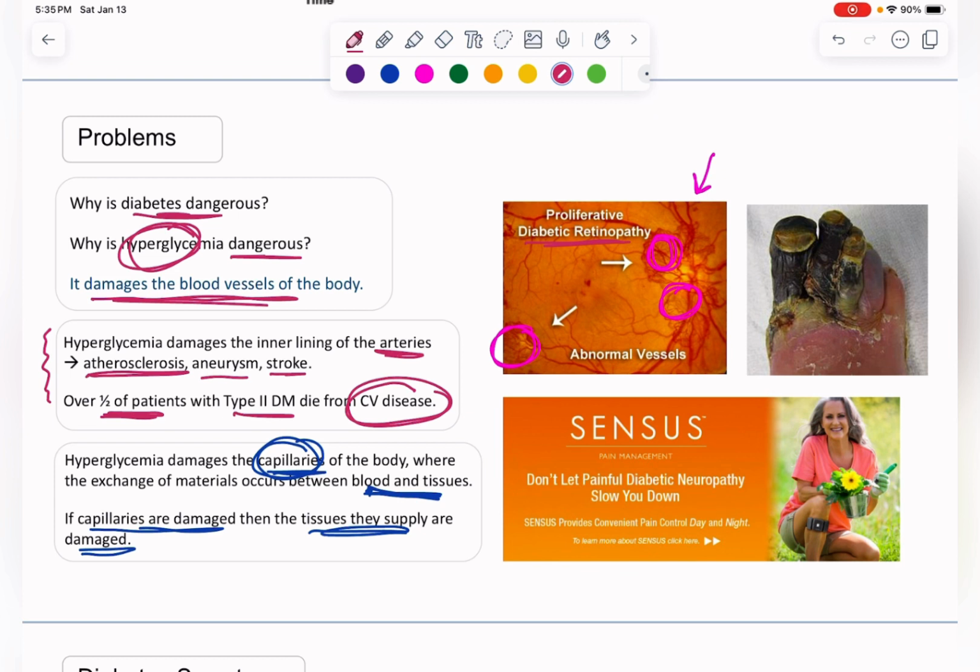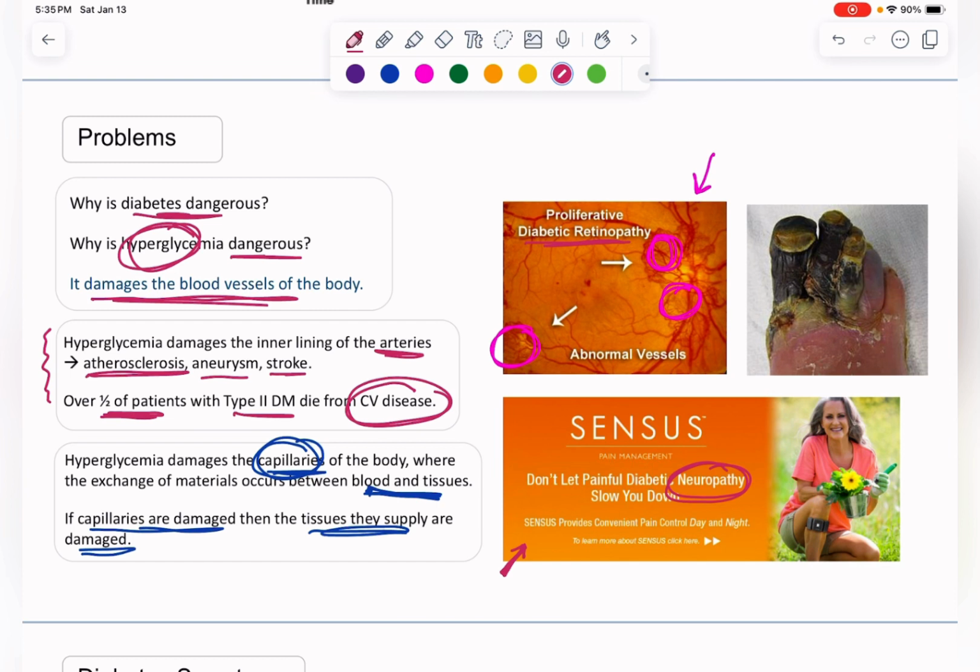What about the capillaries that serve the neurons of the body? If they're damaged, then the neurons are going to degenerate. This can especially happen in the extremities, in the hands and in the feet. You may have seen advertisements for drugs that can help.